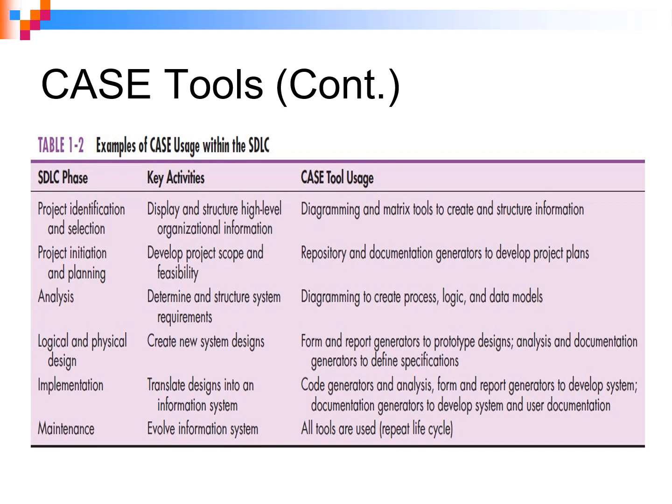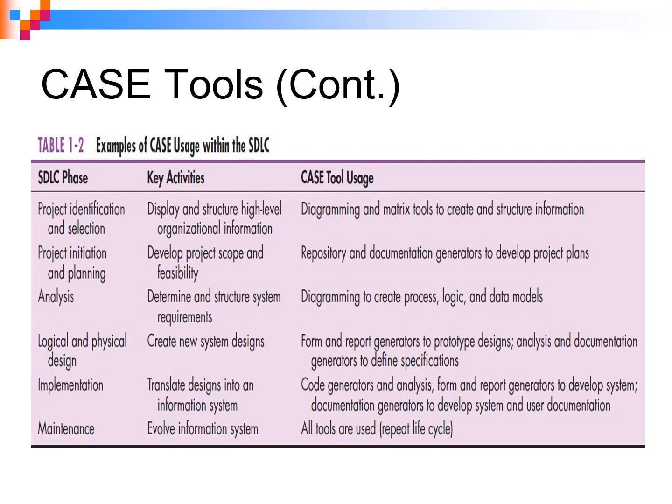Okay, the next one is implementation. Key activities is to translate design into information system. And then for the CASE tool usage, code generator and analysis, from form and report generators to develop system. Documentation generators to develop system and user documentation.